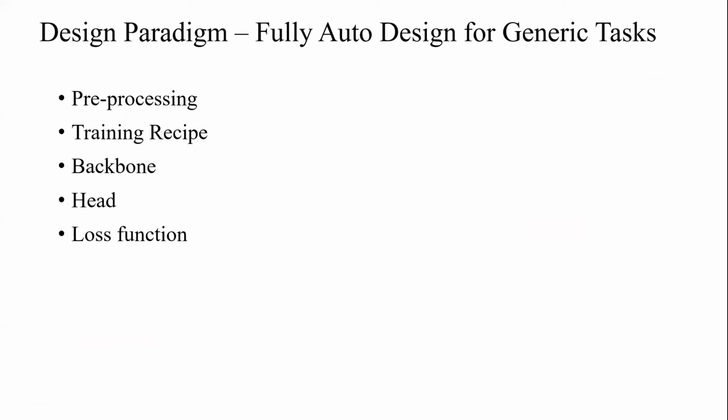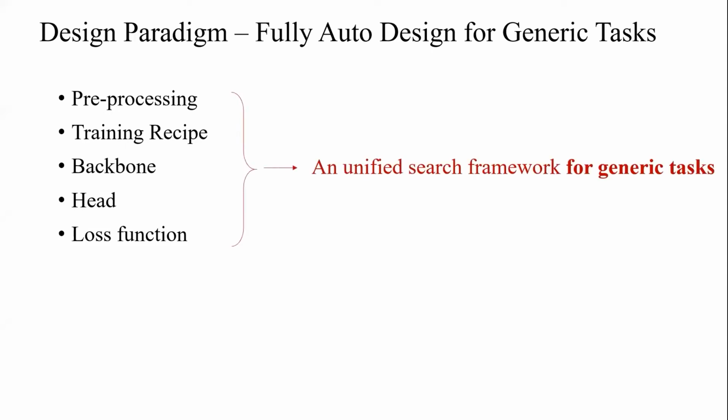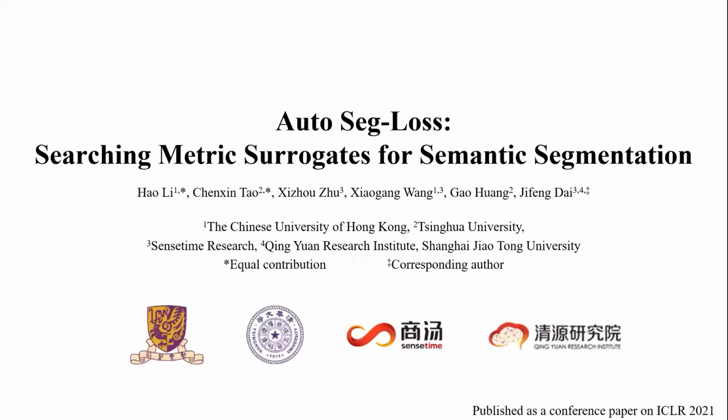To enable the fully automated design, the first step is to develop search frameworks for each of these components. With this framework, the next step is to unify them with a search framework for generic tasks. Among these components, the search for loss functions is greatly lacking in investigation by previous works. So our first step towards this ambition is to develop a general framework for searching loss functions.